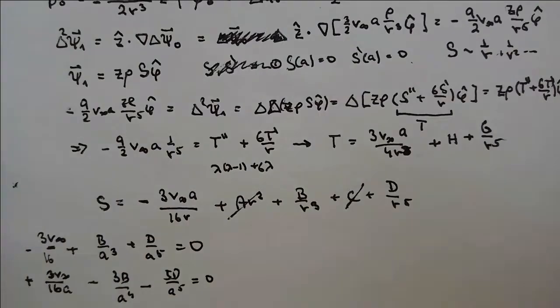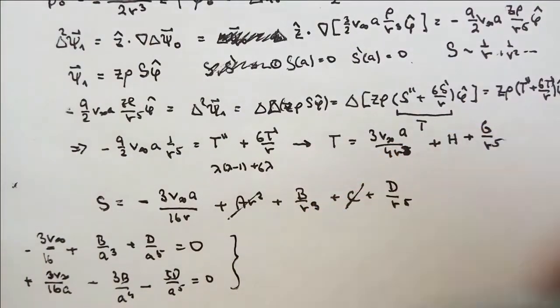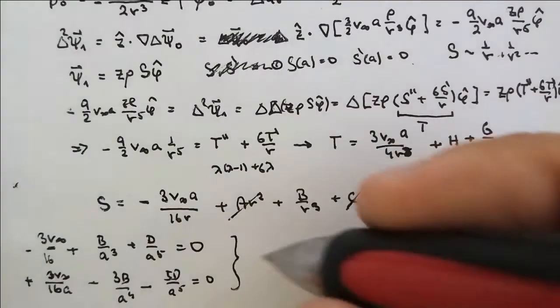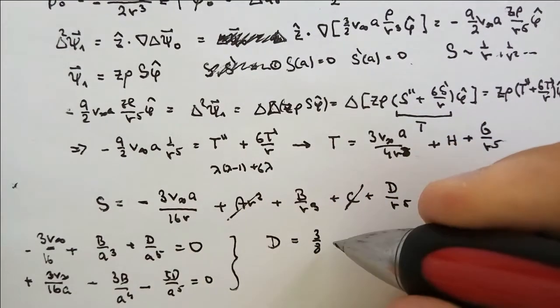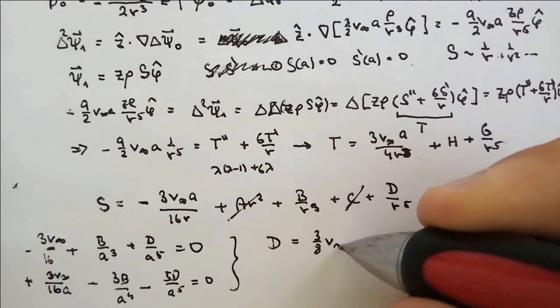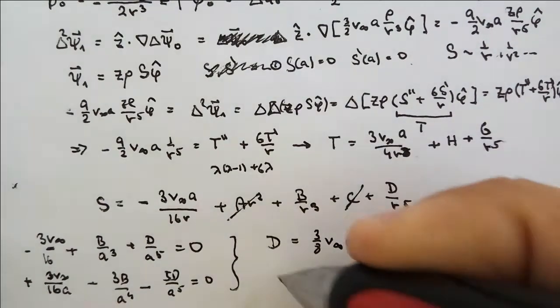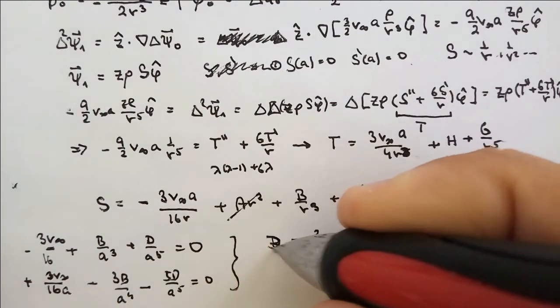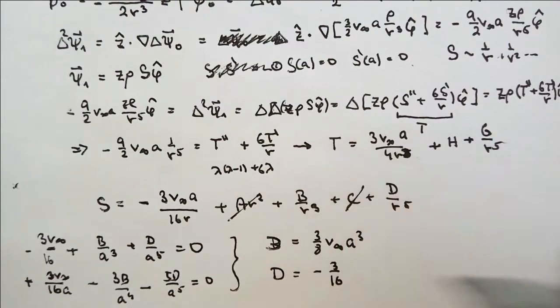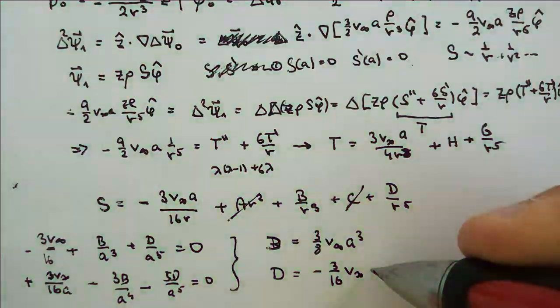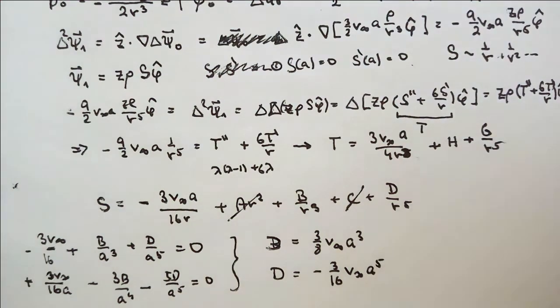You can solve it. It's very easy to solve the system of linear equations. The solution is this. I will write it here. It's 3/8 times v infinity a cubed for b, and for d it's minus 3 over 16 v infinity times a to the 5th power.